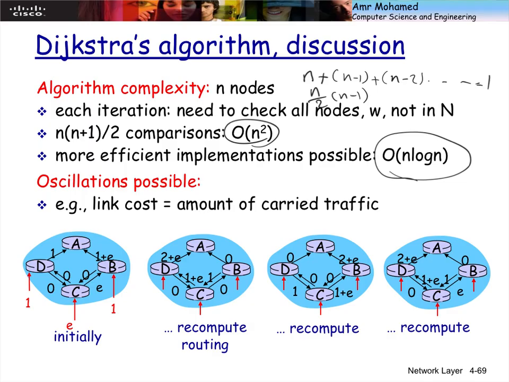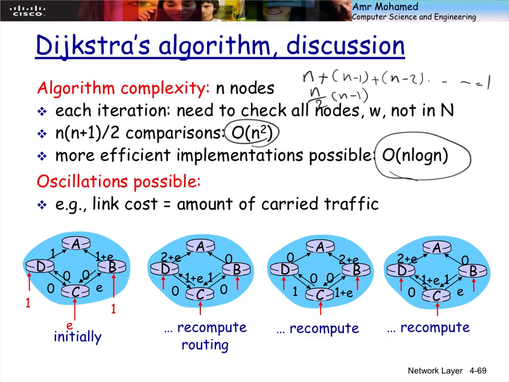There is a problem if we were to use the link costs as the current load, then there is a risk that Dijkstra or the link state will lead to packet oscillation. How? Packet oscillation means something like looping. Packets will keep going this way and then this way and then this way.